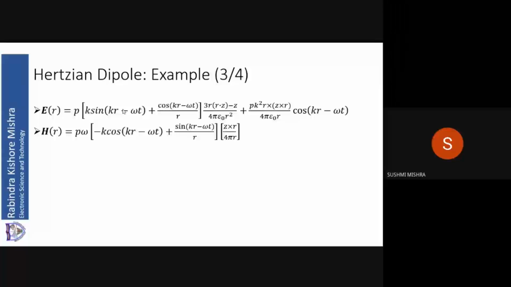Now you have to use some other things. What you will use is z cap is equal to r cap cos theta minus theta cap sin theta. I hope you remember this from the spherical coordinate systems if you have studied it earlier. Otherwise, try to remember this way.